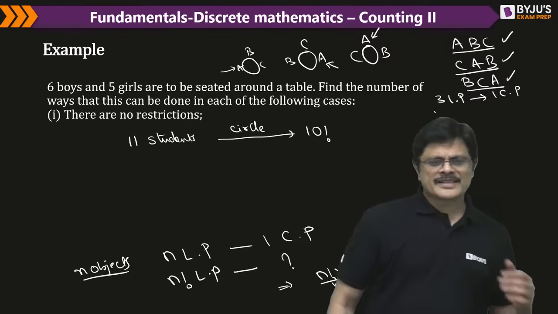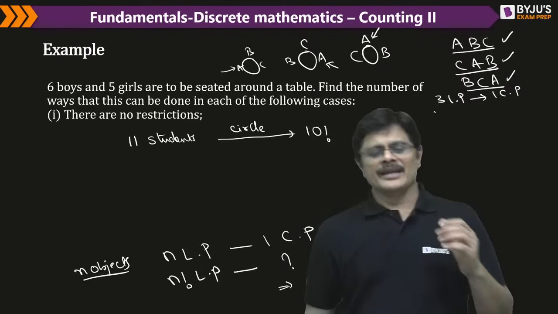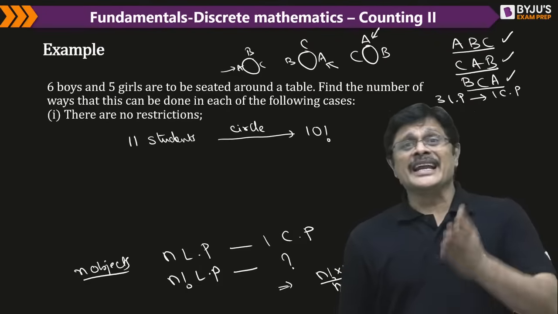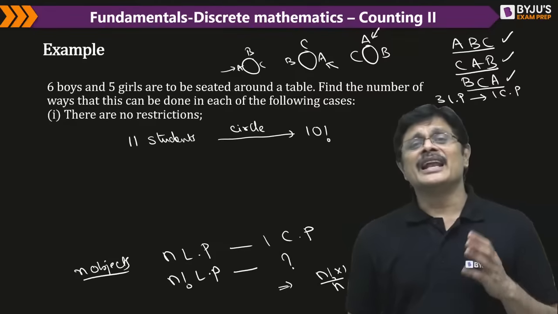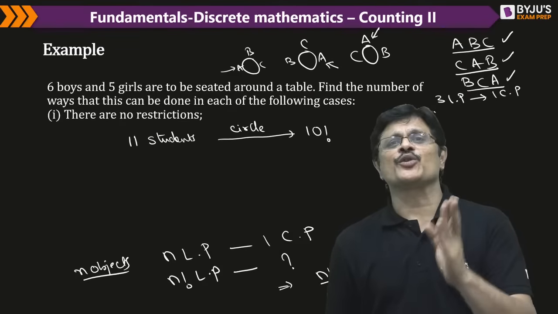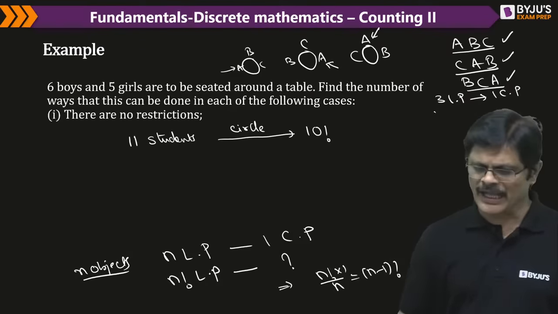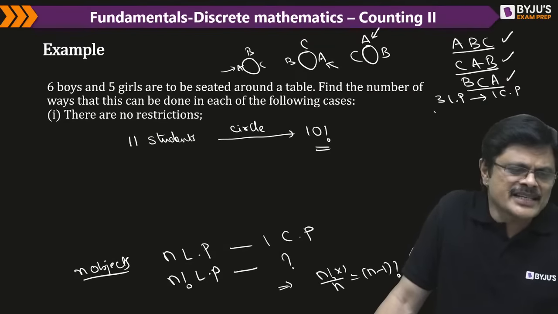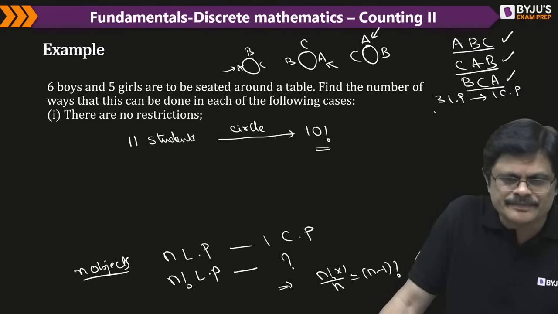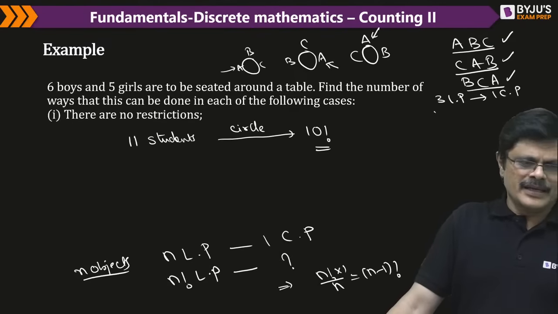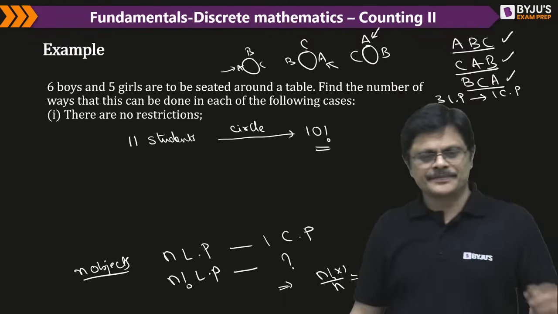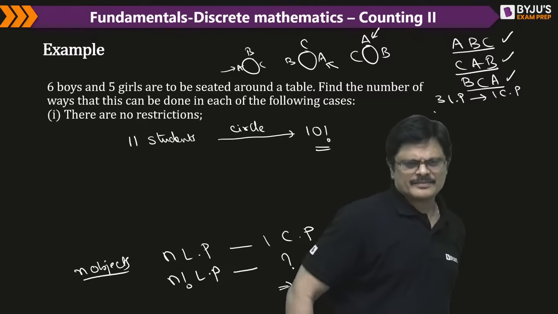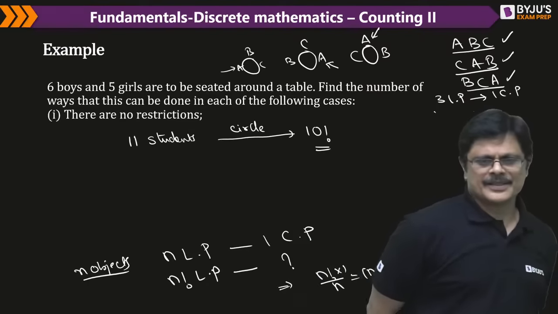So when you have 11 objects in a cycle, there will be 11 minus 1, that is 10 factorial cyclic permutations. Is this clear, Mr. Vengadeshan? Perfect. Super.